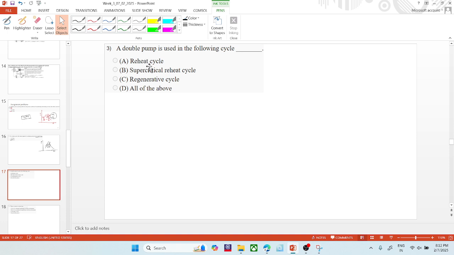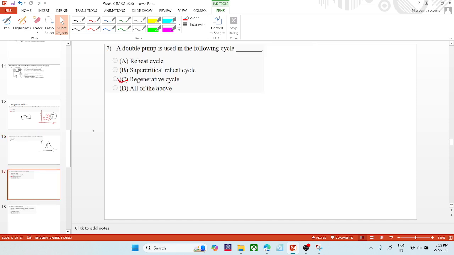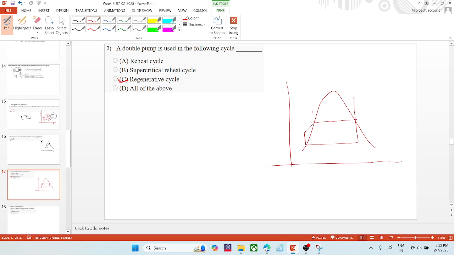Next is, a double pump is used in the following cycle. So in the lecture we have seen that in a regenerative cycle we have to use the double pump. As we can see here, one pump would be here. Let me draw it here only. So if this is my regenerative cycle, the first pump would be applied here.